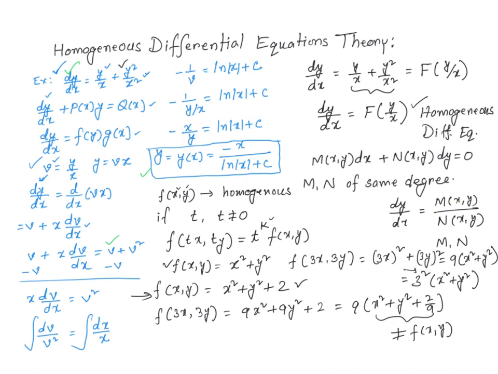So let's go back to our differential equation. This is my differential equation, dy over dx is equal to m of x, y divided by n of x, y. Now if m is a homogeneous function, and n is a homogeneous function of the same order, then this differential equation would be called a homogeneous differential equation.